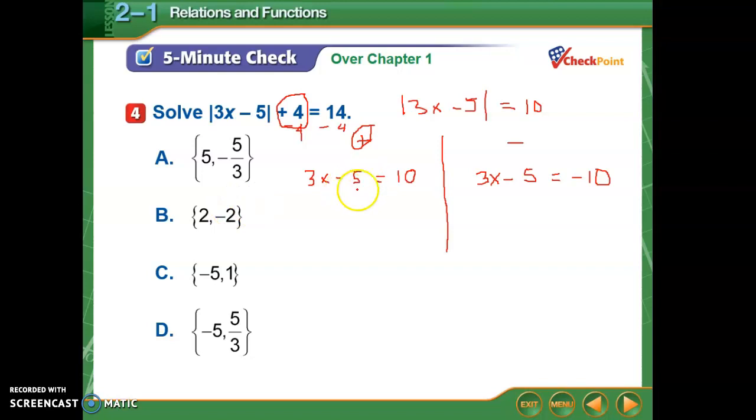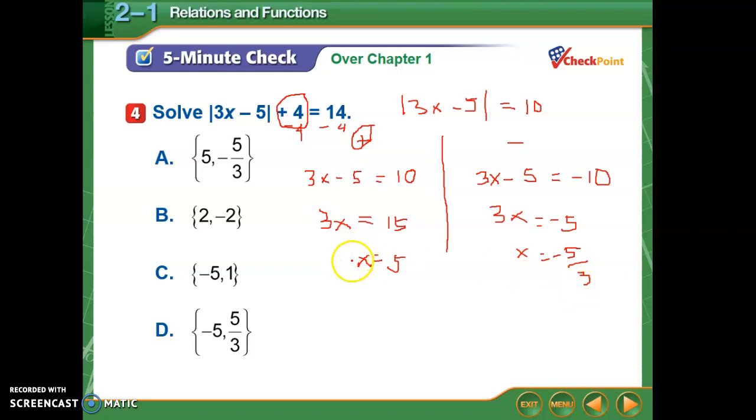Add 5 both sides, so that gives you 3x equals 15, divided by 3, so that gives you 5. That is your one possible answer. And then here, the same thing, you add 5 both sides, so that gives you 3x equals negative 5. Divide 3 both sides, so x equals negative 5 over 3.